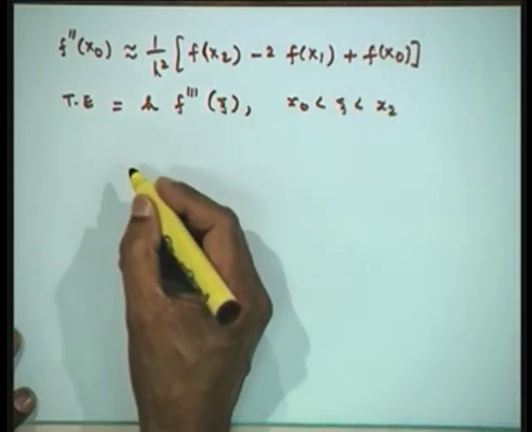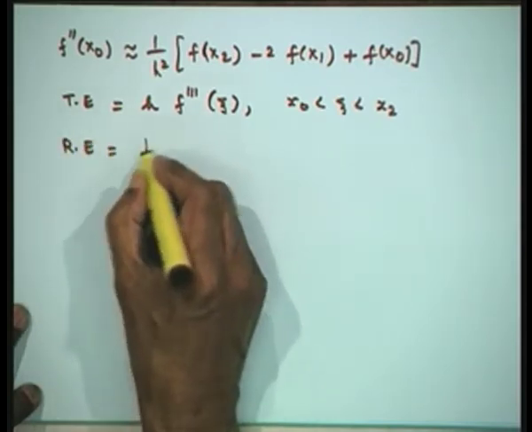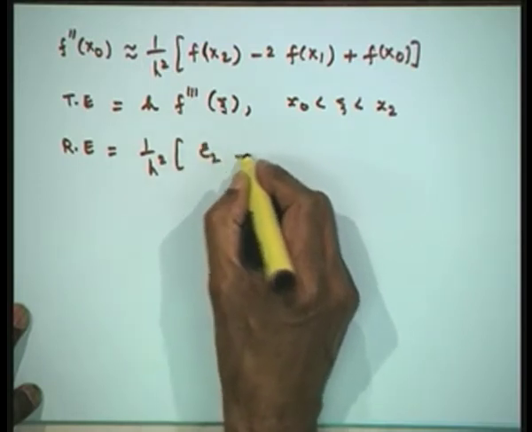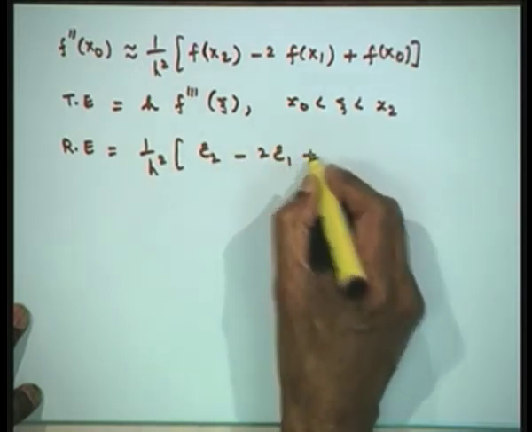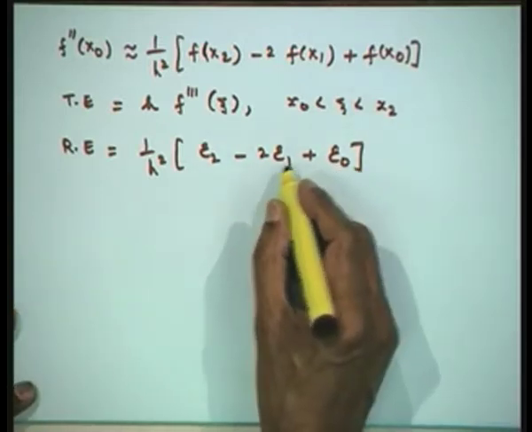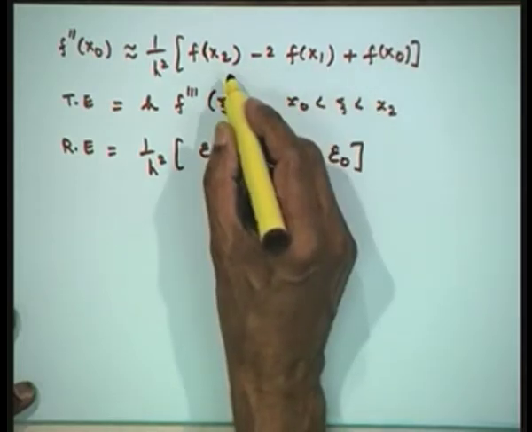We have also shown that the round off error is given by 1 upon h square of epsilon 2 minus twice epsilon 1 plus epsilon 0, where epsilon 0, epsilon 1 and epsilon 2 are the round off errors in f x naught, f x 1 and f x 2.